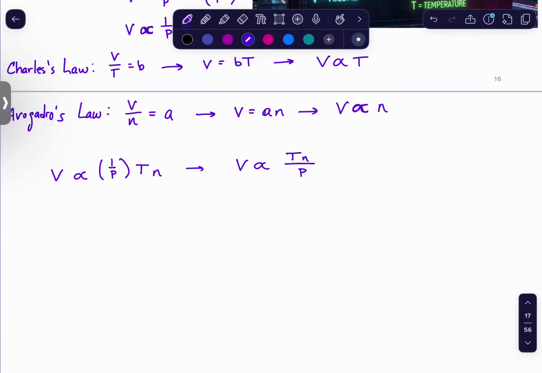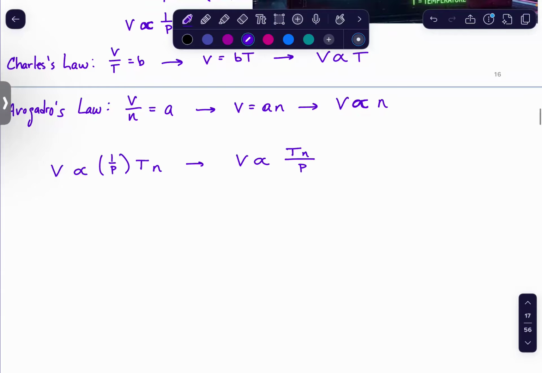And now, of course, to get a new equality, we need a proportionality constant, which we know as the ideal gas constant. So that means V equals R times temperature times number of moles over pressure.